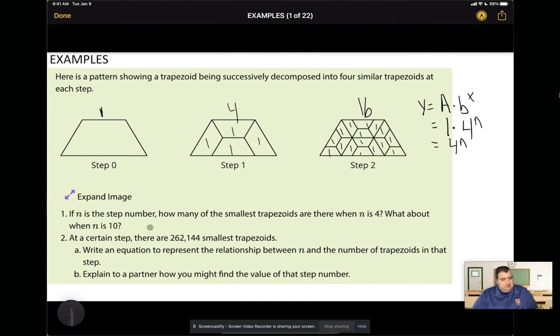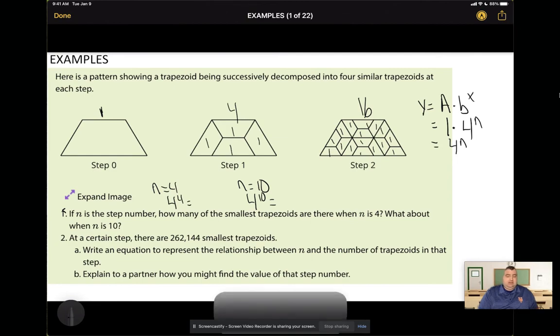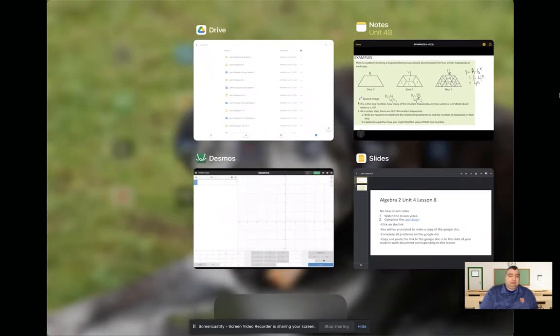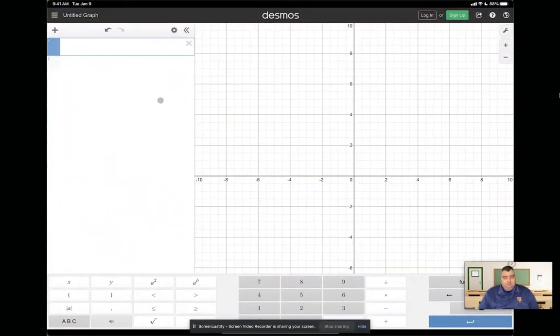So to answer number 1, when n is equal to 4, I'm just going to do 4 to the power of 4. And when n is equal to 10, I'm going to do 4 to the power of 10. To calculate that, I'm just going to go on Desmos and do that really quick. So 4 to the power of 4 and 4 to the power of 10.